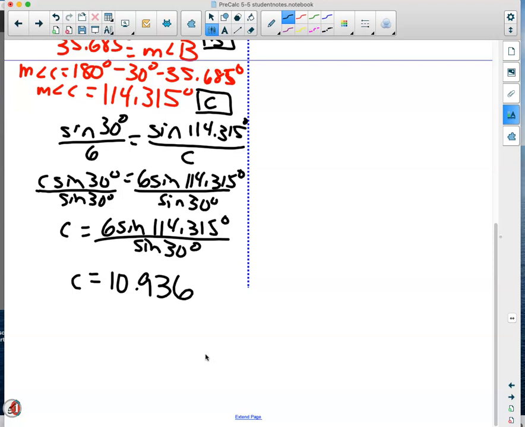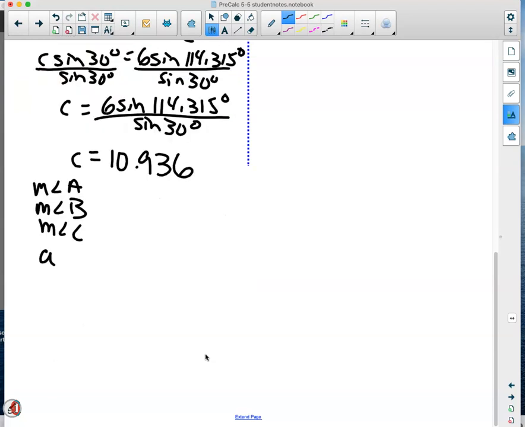Go back, check and see, did they happen to give us units this time? No, no such luck. All right, let's take an inventory here. A, they gave us angle A, the measure was 30 degrees.